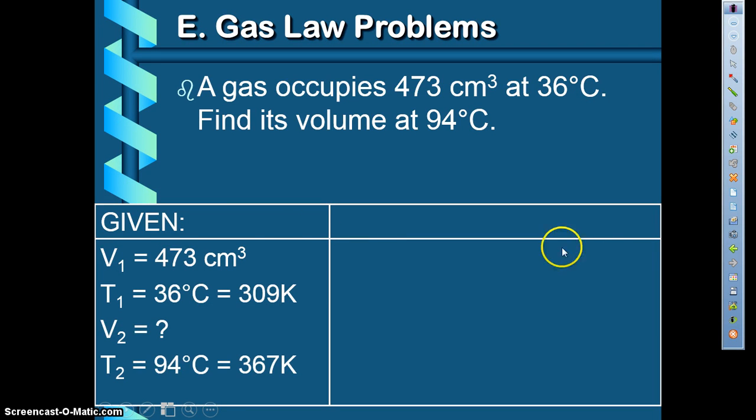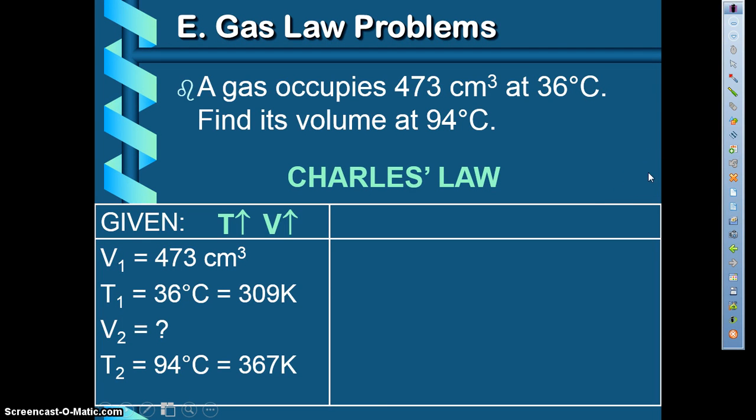Now it doesn't matter if we leave the volume in cubic centimeters, that's not a problem. We'll just make sure that our answer is given in cubic centimeters as well. So as the temperature goes up, we expect the volume to go up. So in this case, our temperature went from 309 Kelvin to 367. So we should expect to see a little bit of an increase in the volume for this gas.